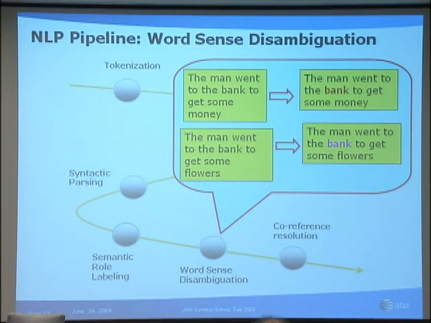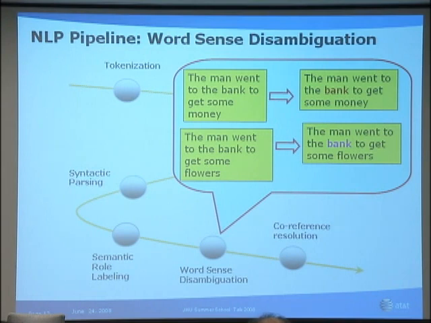Given the context of the sentence, you will usually be able to tell what the sense of the word is, whether it's a river bank or a financial institution, partly because the surrounding words set up the context, and usually it disambiguates one way or the other. Again, this is a decision problem, right?